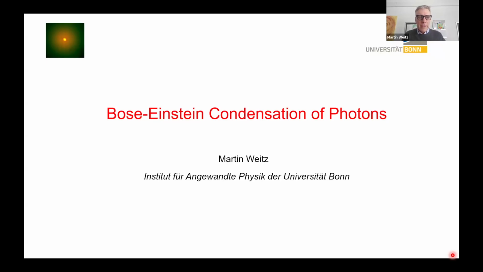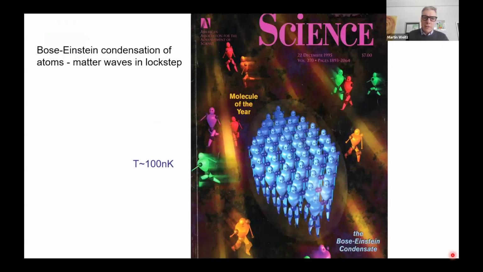To begin with, let me start with this image, picking up on previous lectures. Bose-Einstein condensation was first achieved in the gaseous regime in cold atomic gases. That's a cover image of one of the first Bose-Einstein condensates. This particular one is of the Ketterle group, with cold gases cooled to the nanokelvin temperature.